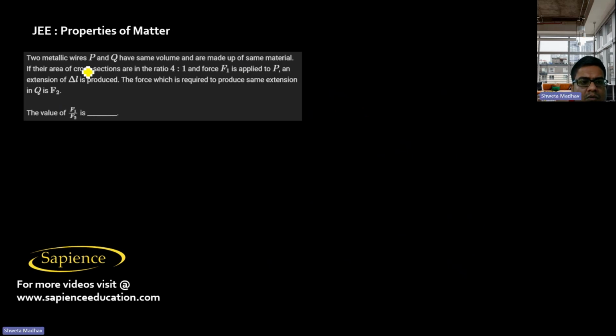And here it is told two metallic wires P and Q have same volume and are made up of same material also. So P and Q, they are two wires A and B. They are having the same volume.